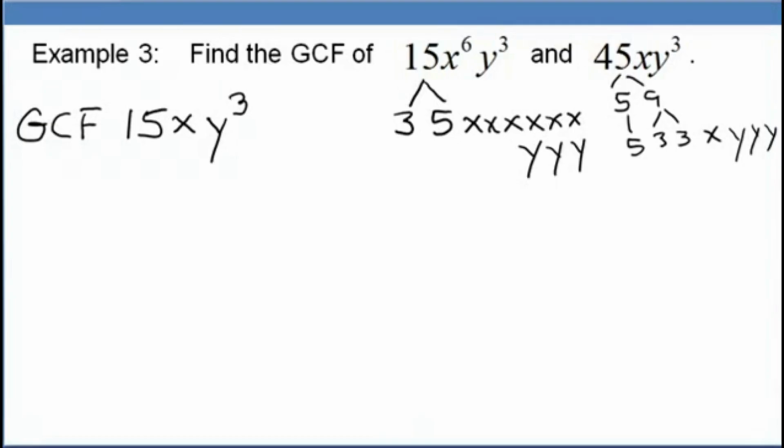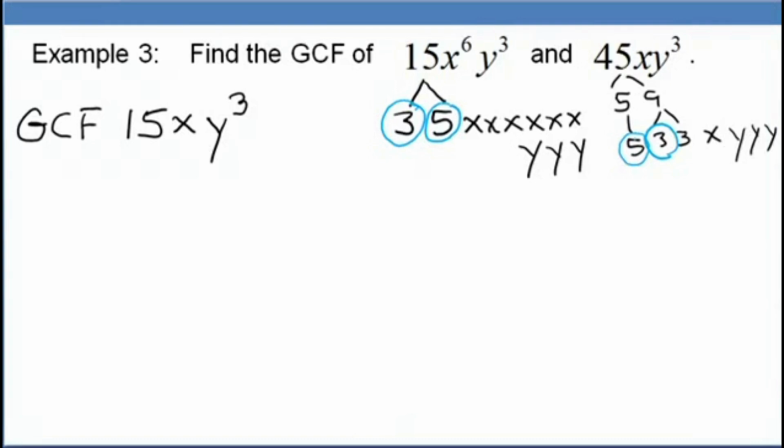So then we will pick the common parts. First of all, for the 3, we have a 3 here, and we have it in the other, so it is common. The most we can take is 1 because that's all your first term has. We have a 5. It is in both, so it is common.